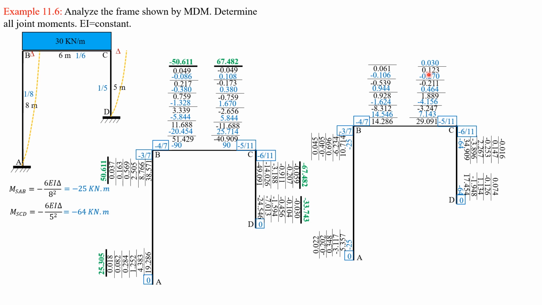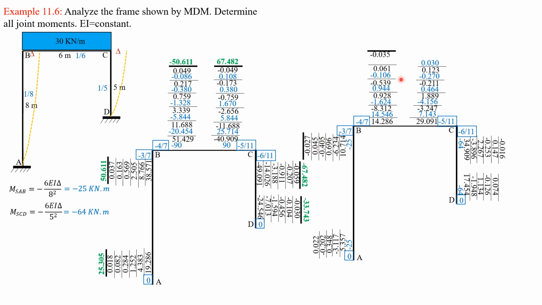Let's reveal it first. So these are the reactions, AX, AY, then assume MAB clockwise, MBA clockwise, MDC clockwise, and MCD clockwise.